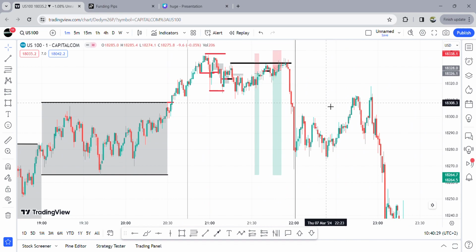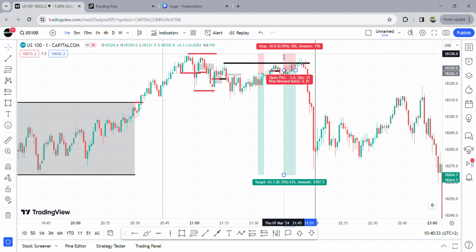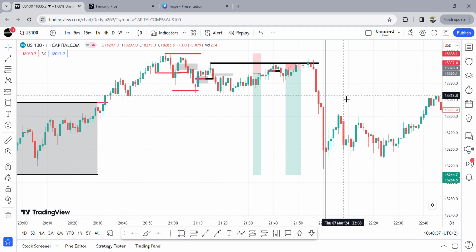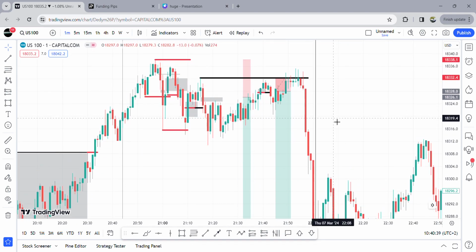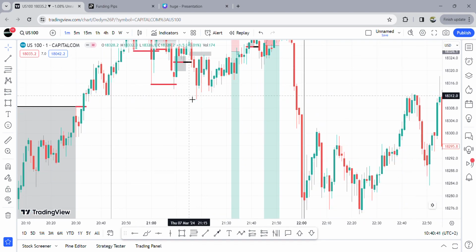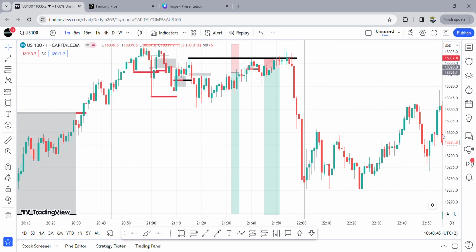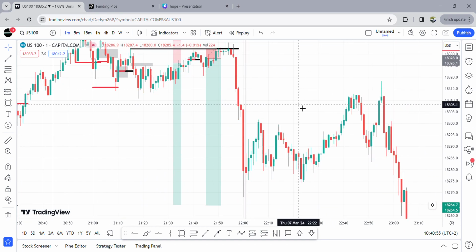So yeah, that is my 1% loss. So 1% was here. My initial target was just these lows first, and then after these lows had been taken out, I'd move my stop to break even and then look for a second position to add to.